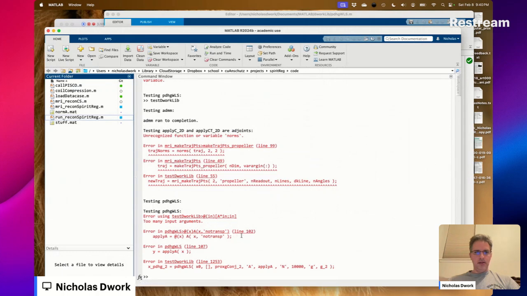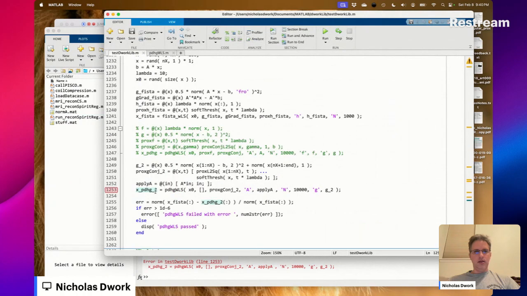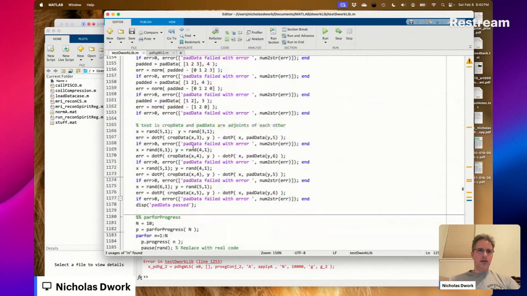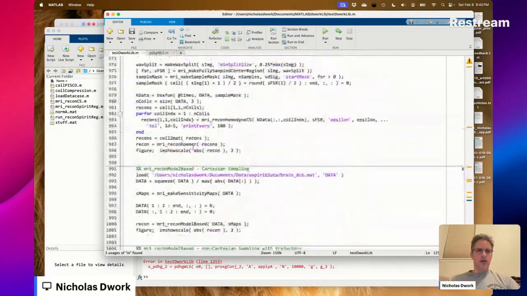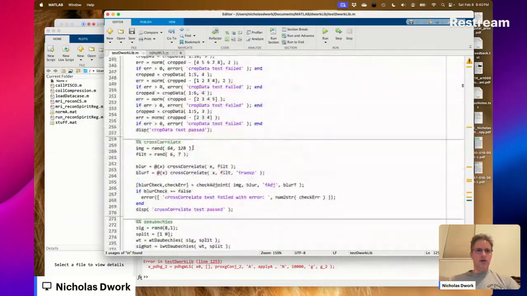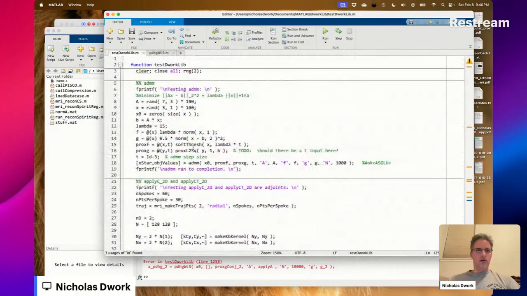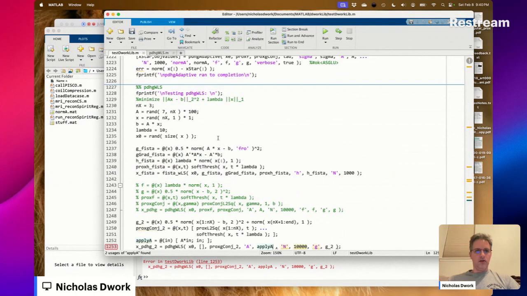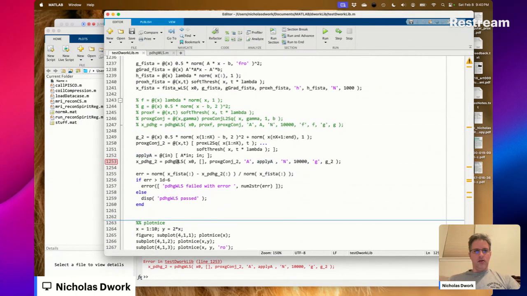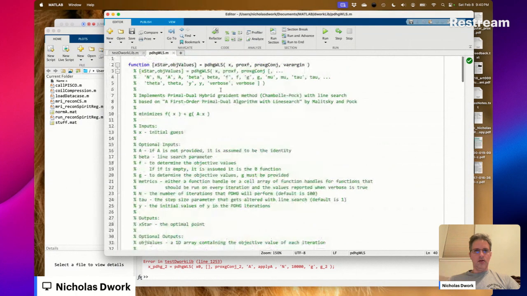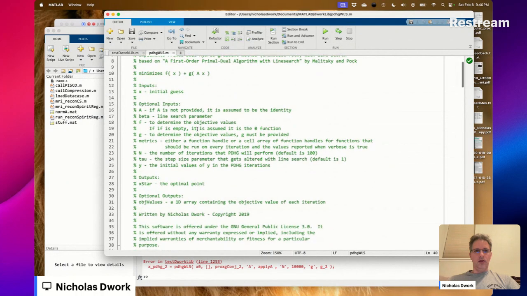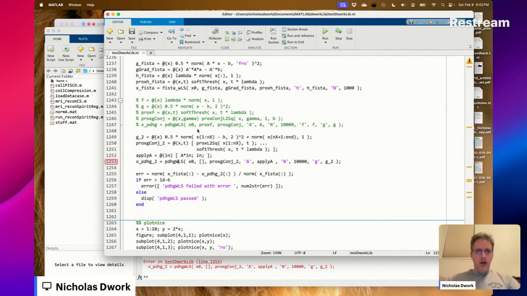Too many input arguments. All right. What to do about this?